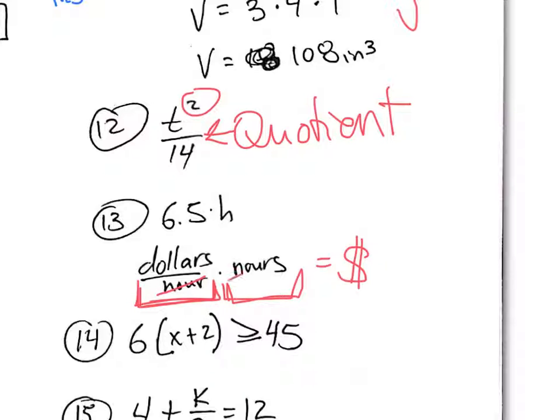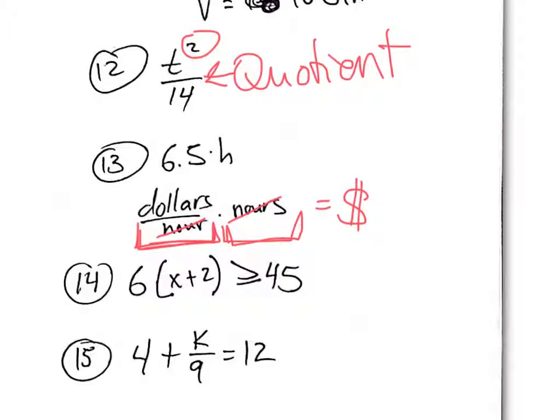Notice how the hours would cancel out, leaving us with units of dollars, which is the amount we earn. So that's an expression for the amount we earn. That's how much you earn, your wage or your salary times the time that you work.